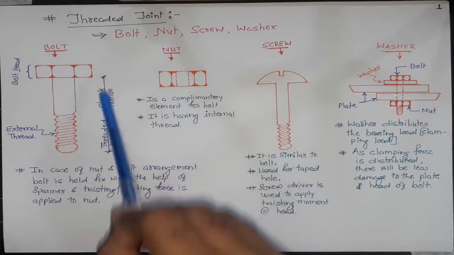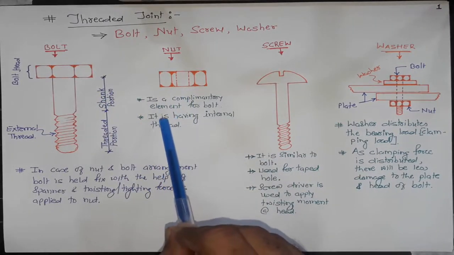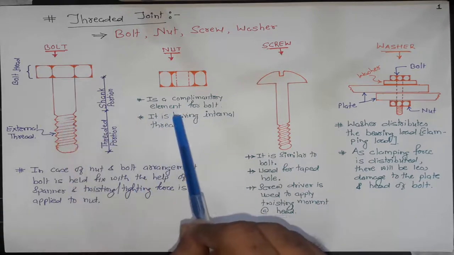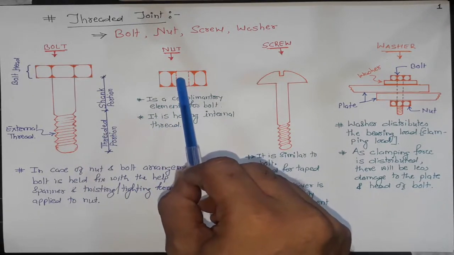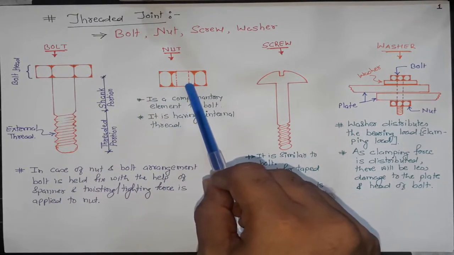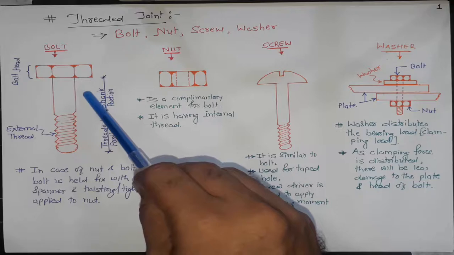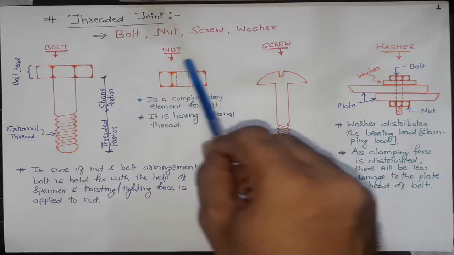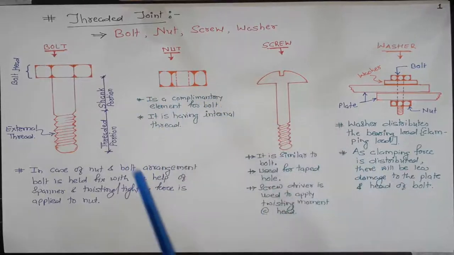This is a nut. Nut is a complementary element of the bolt. It has an internal thread. In this bolt and nut arrangement, the bolt is held with the help of a spanner and a twisting or tightening force is applied to the nut.